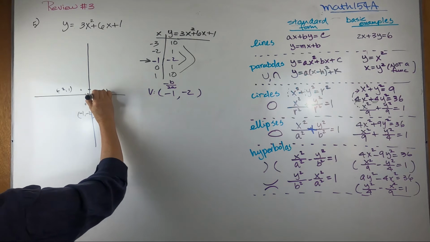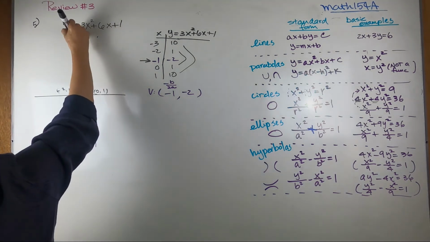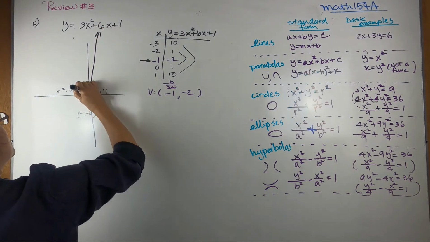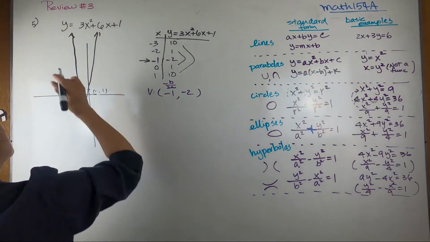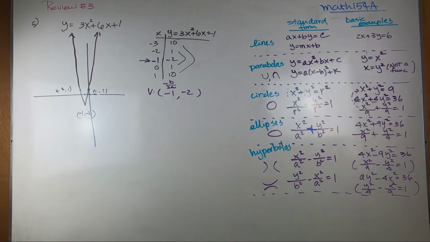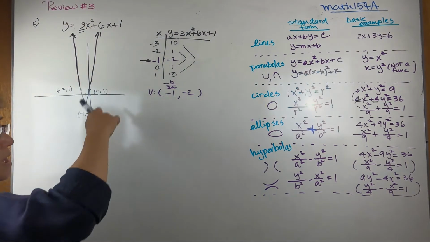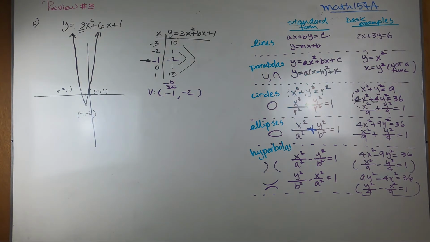And 1 is what? 10, somewhere there. So your graph would be what? A parabola, and a is positive and bigger than 1, so it opens up. Bigger than 1, so it stretches thinner, right?